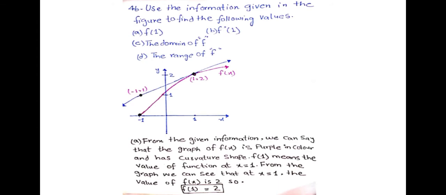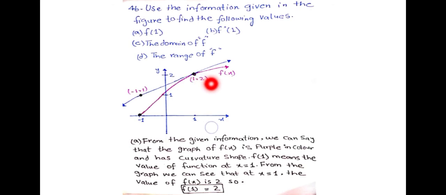In this case we are provided with a graph, and we have to use the information given in the figure to find the following values. Part A, we have to find the function at point 1. It means that we have to find f(1), so the value of x is equal to 1. Here we can see that at x equal to 1, the value of the function becomes 2.